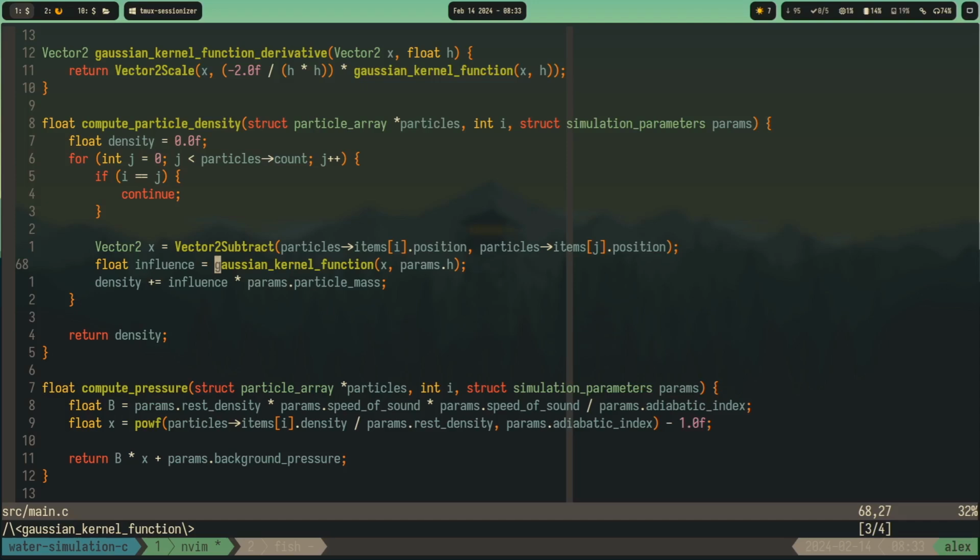Yeah, I'm not sure. I mean, strangely enough, it kind of makes sense. Yeah, I don't know. Like if you have very few particles, it makes sense that the density is small.